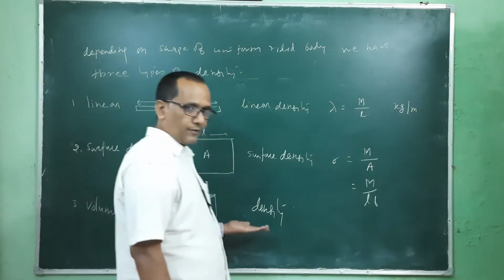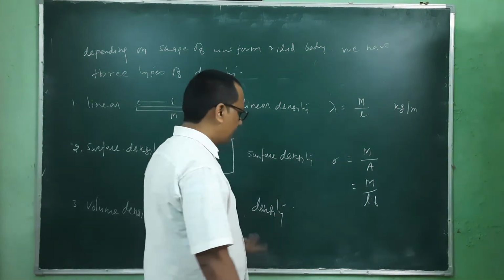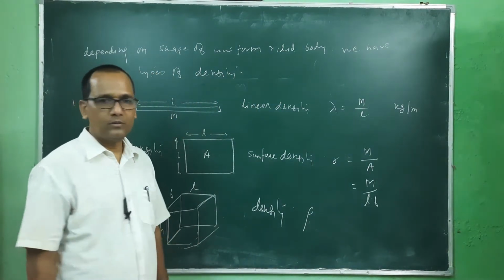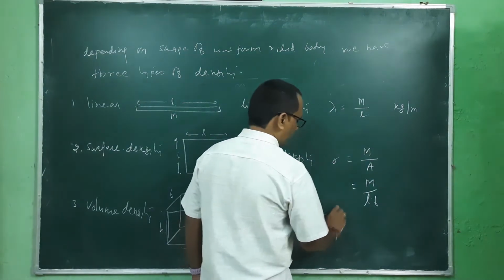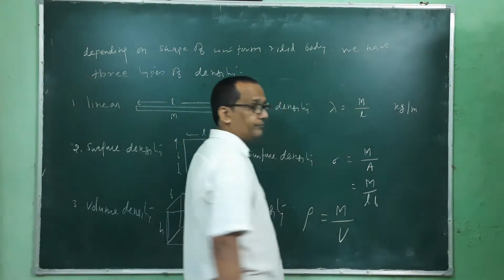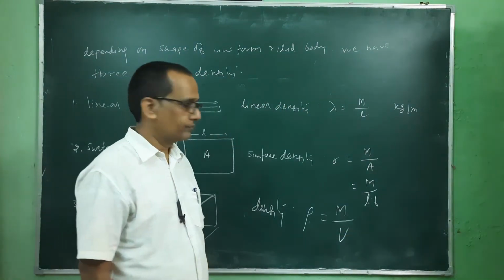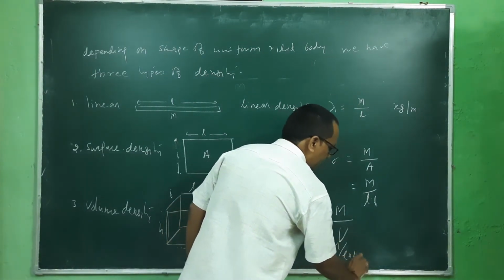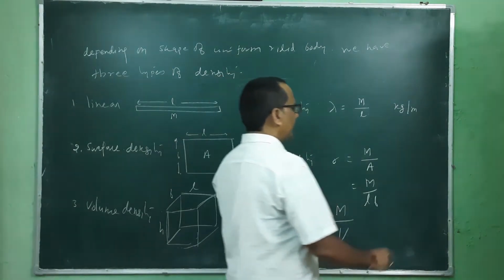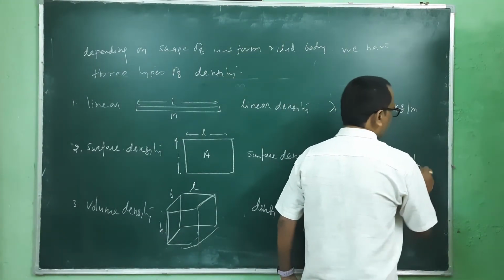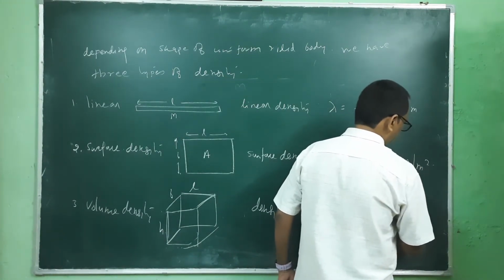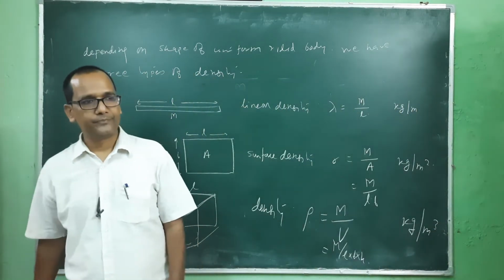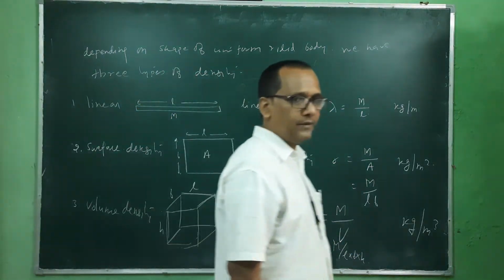So density is actually taken in general in the three-dimensional case, and this is denoted by rho, and this is equal to mass upon volume. So this is equal to m by L multiplied by B multiplied by H, and here this is kilogram per meter square, and here this is kilogram per meter in SI unit. Accordingly you can calculate the dimension.